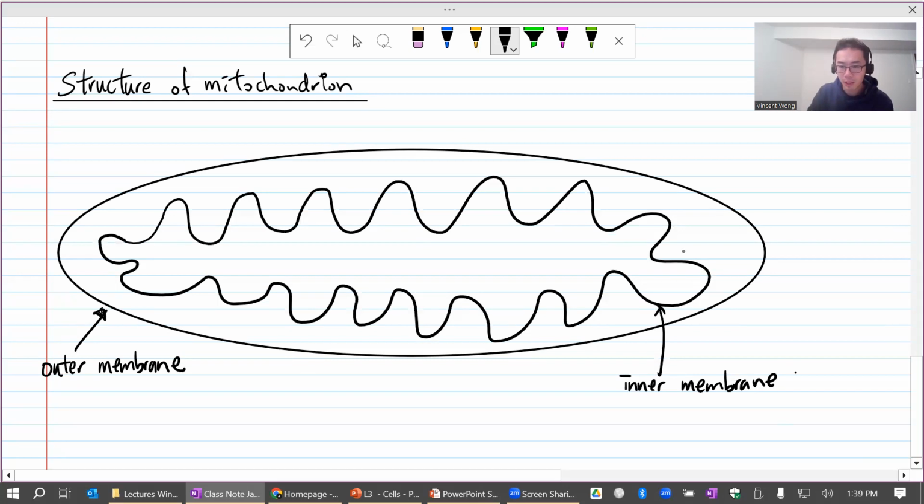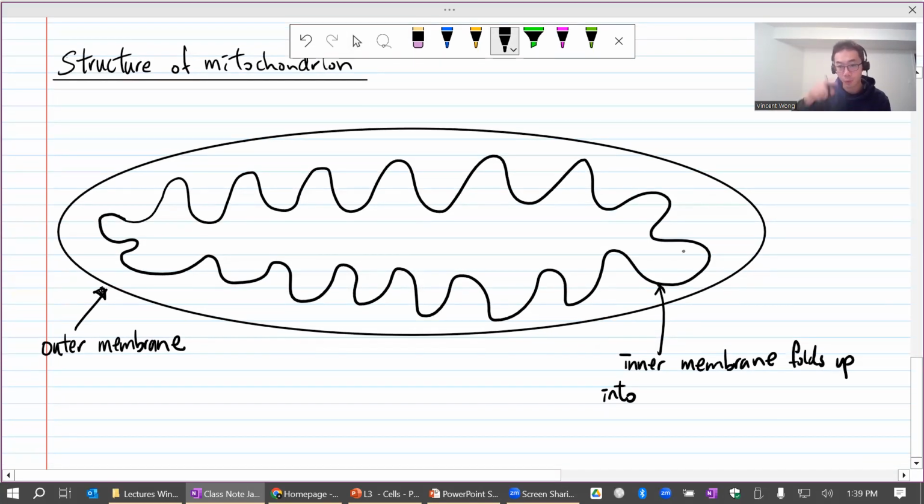So the inner membrane folds up into these projections, which we call cristae, to increase surface area.